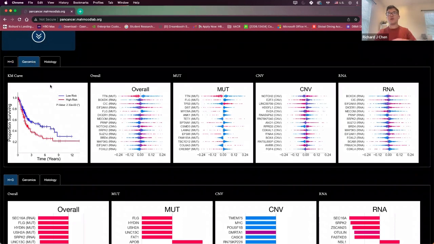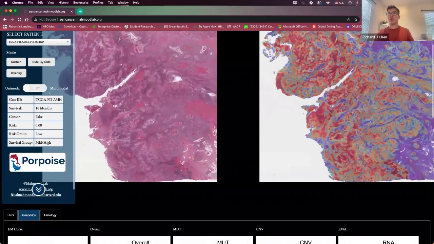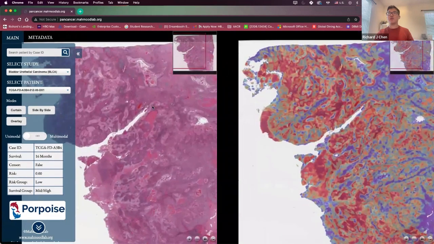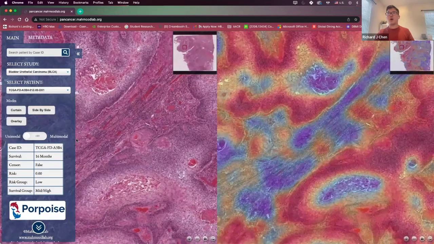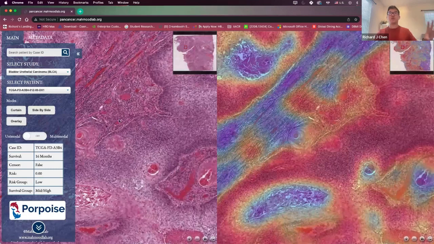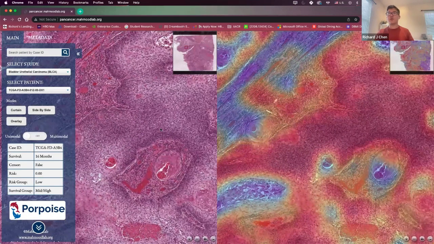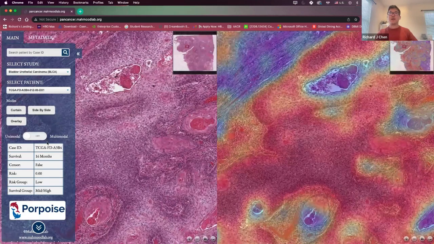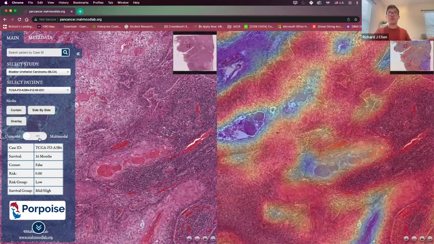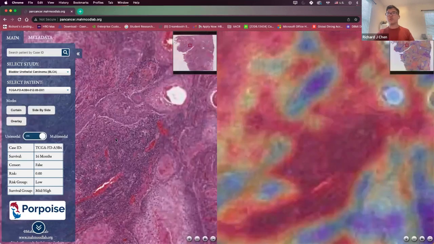We have this on both the histology and the genomic side. The red regions are prognostic, used by the model for survival analysis.